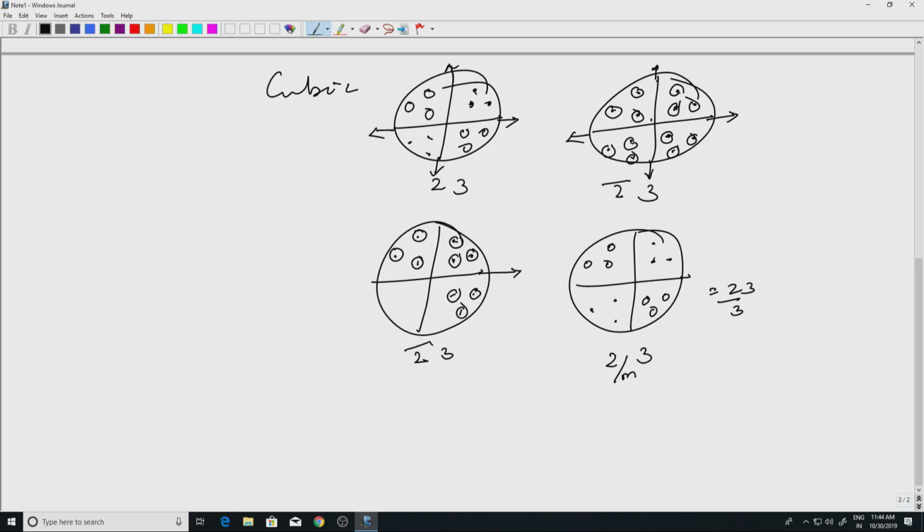So when you reflect it here, it comes here. So now we can see that 2 bar 3 is equal to 2/m 3. So this is cancelled. This is the same thing, so it gets cancelled.